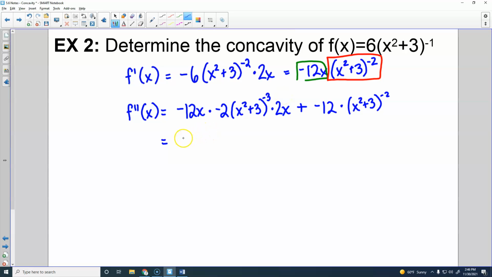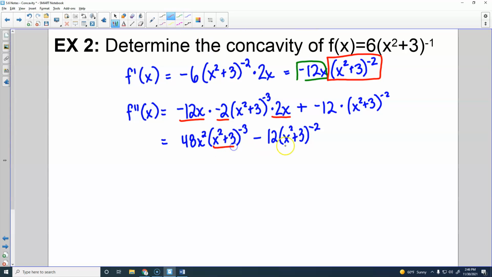So we'll have 2 times 2 times 48x squared times x squared plus 3 to the negative 3. That's just putting together this negative 12x, this negative 2, and this 2x. And then we'll just have minus 12x plus x squared plus 3 to the negative 2.